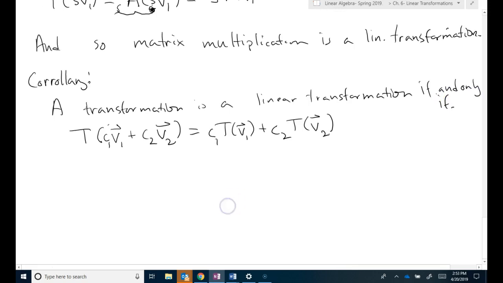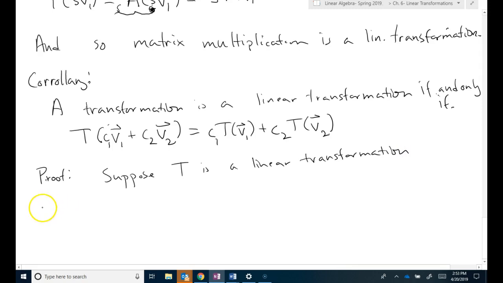Right? So first, we'll do some proof work, because I think this proof is handy. Suppose T is a linear transformation. By closure under addition and closure under multiplication, we can do this.